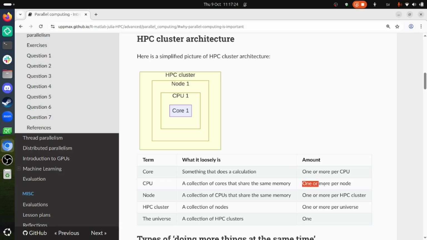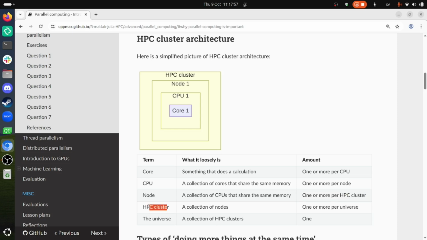But there are 1 or more CPUs per node. Here we have a node, and this is usually what we talk about when we say login node. A login node, or a node, is a collection of CPUs that share again the same memory. An HPC cluster has 1 or more nodes, and typically many hundreds of them.